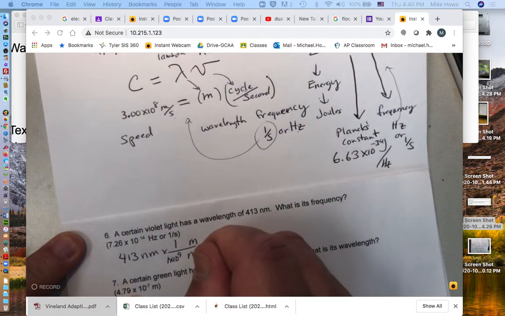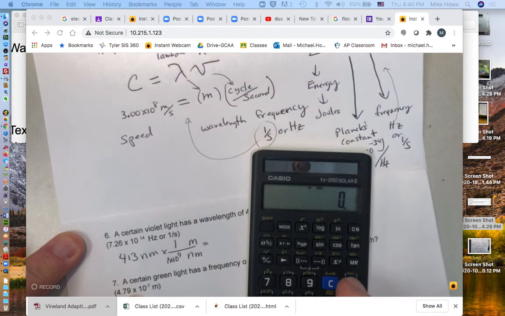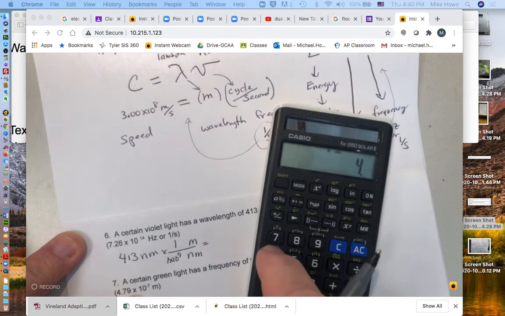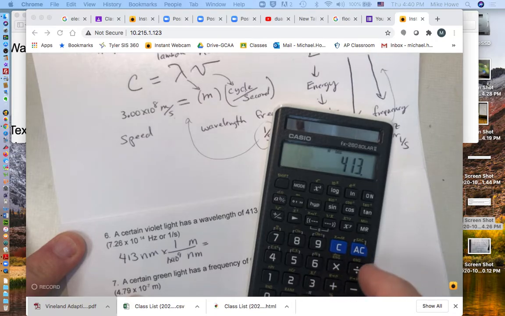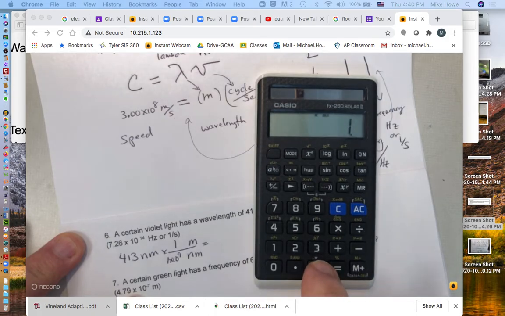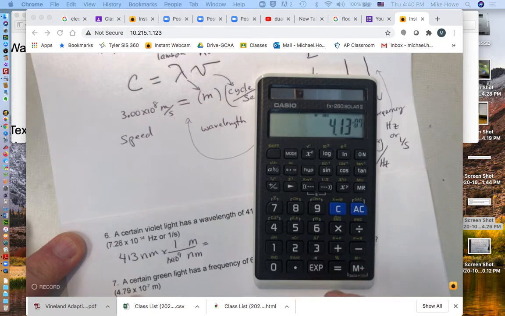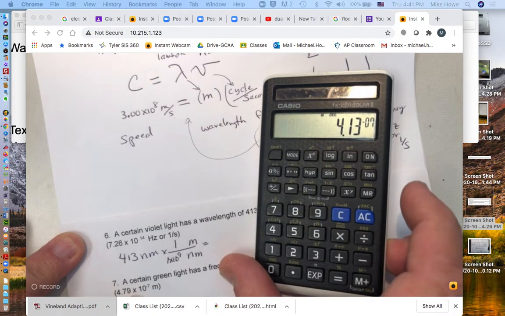So when you do that on a calculator, you need to use the EE button. So you'll end up with 413 times 1 and then divided by 1. Notice the EE or EXP. Mine has EXP on it. EXP to the 9th. And that equals 4.13 times 10 to the negative 7th.